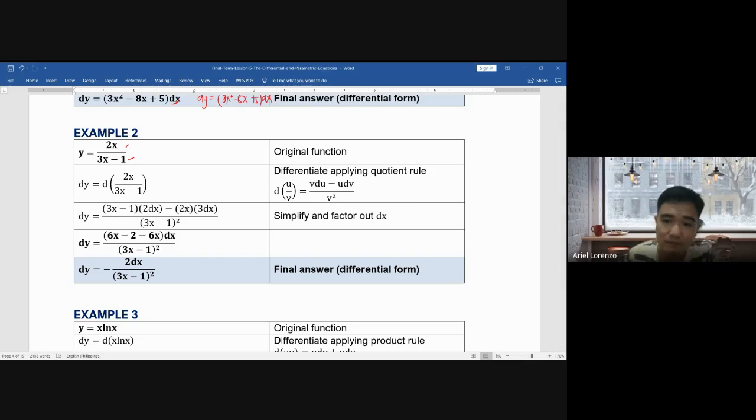Okay? So, you apply here quotient rule. So, pag dinerive natin ito, of course, applying via differential. So you have your dy equals the derivative now of the function. So ito na, low d high, low squared. So 3x minus 1 squared. Then low, 3x minus 1, derivative ni high, 2x. Ano ang derivative ni 2x? So 2 dx.